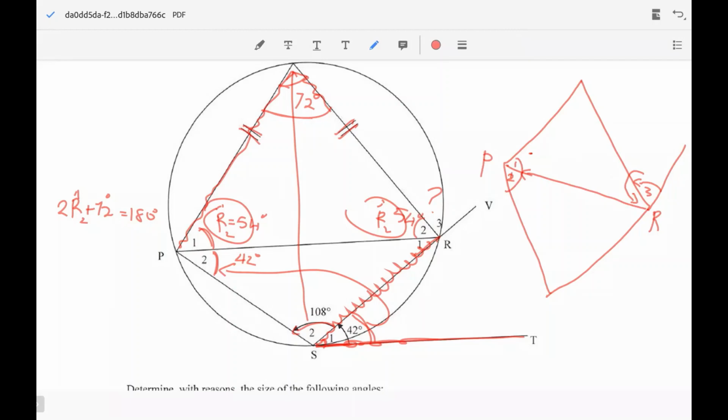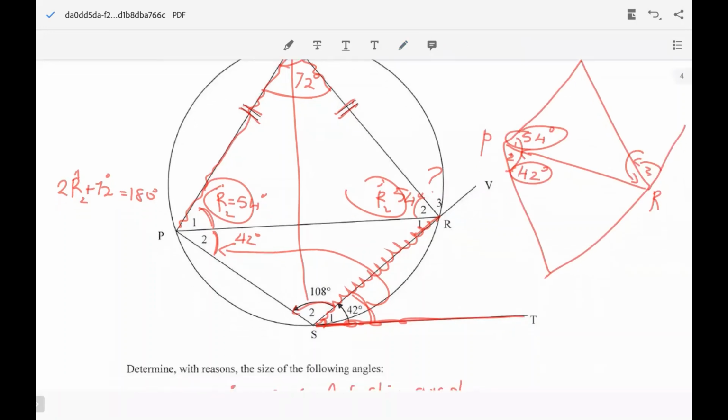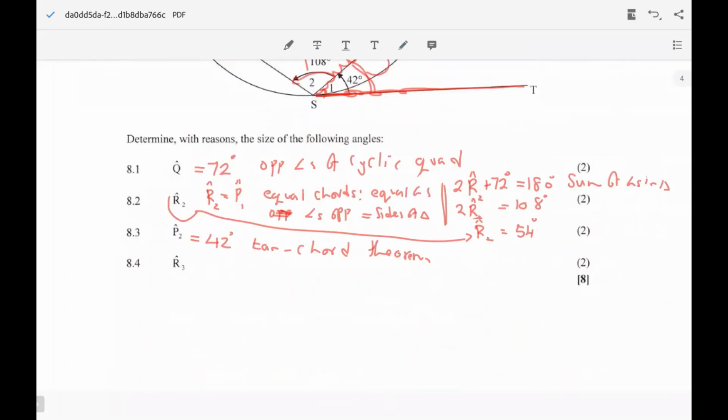We got P1 as 54 degrees and P2 we've just got as 42 degrees. So 54 plus 42 will give you 96. So therefore R3 equals 96 degrees, and the reason is exterior angle of the cyclic quadrilateral.